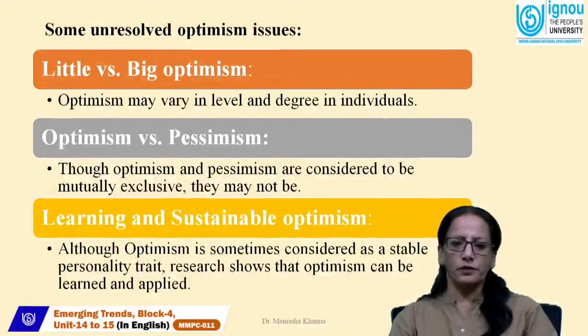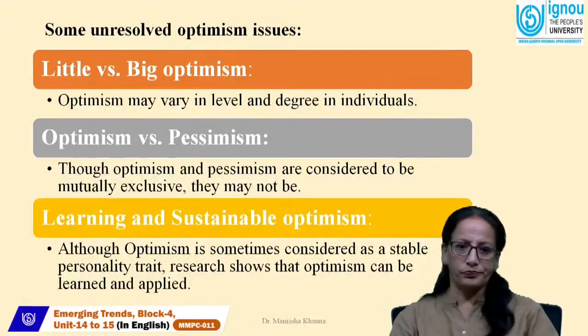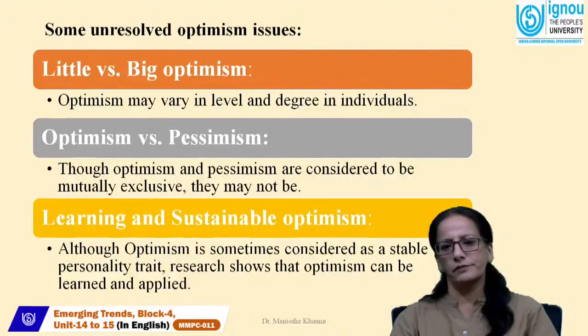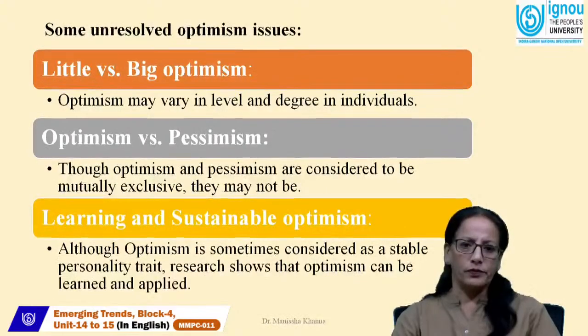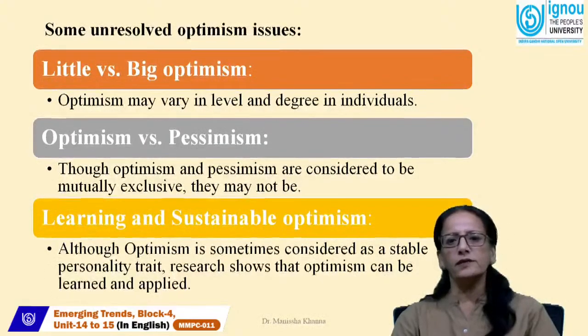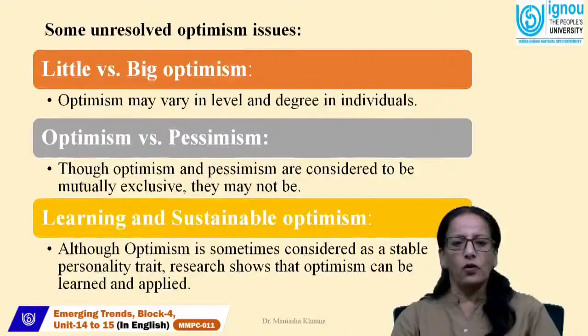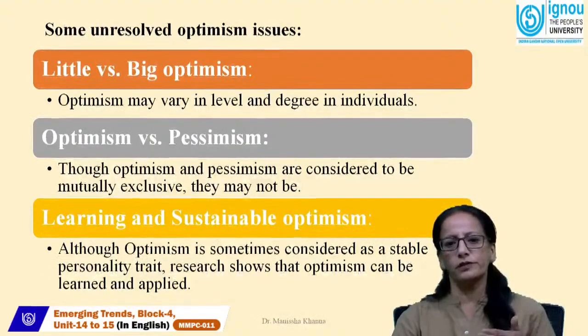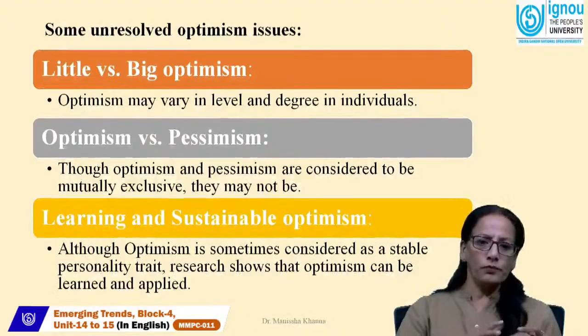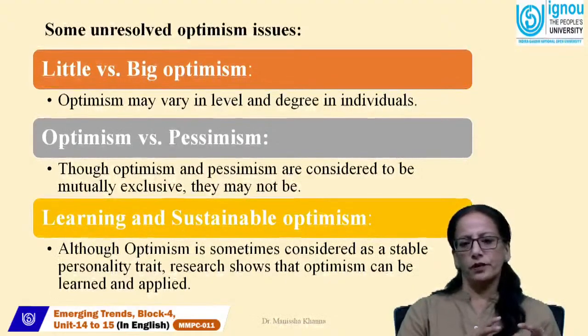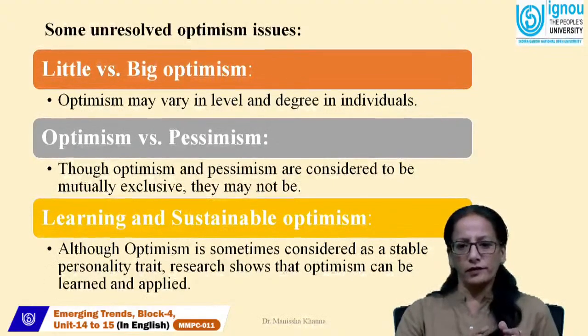Then there is optimism versus pessimism. Though optimism and pessimism are considered to be mutually exclusive, they may not be. Learning and sustainable optimism. Although optimism is sometimes considered a stable personality trait, research shows that optimism can be learned and applied. So optimism is considered to be stable, but it is not.